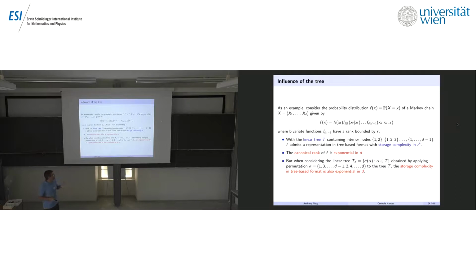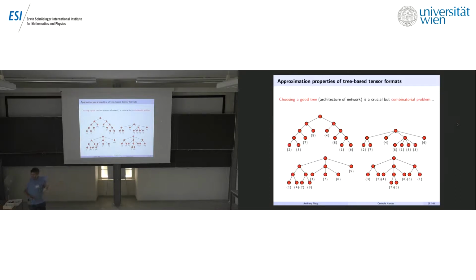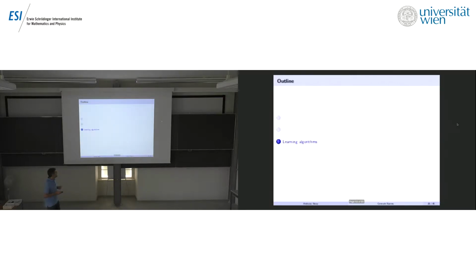So you have the problem of finding a good tree for a particular function, and this part is really complicated. It's a combinatorial problem, okay? If you want a black box algorithm that tries to approximate a function for which you don't know anything about the structure, you will also have to play with the tree if you want to obtain good performance of your algorithms.